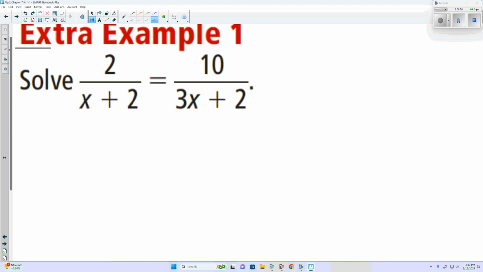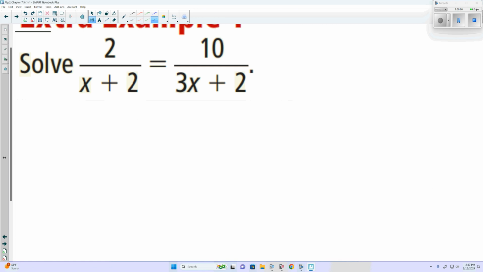Let's look at the next one. 2 over x plus 2 is equal to 10 over 3x plus 2. Our restrictions. So the two places where we can have a division of 0, one of them is x plus 2, the other is 3x plus 2.